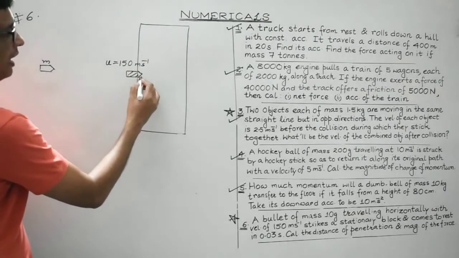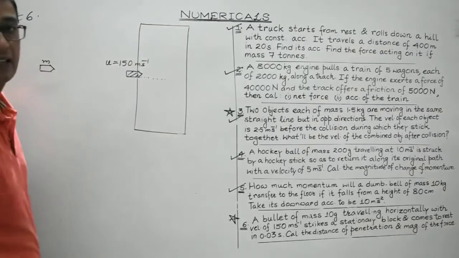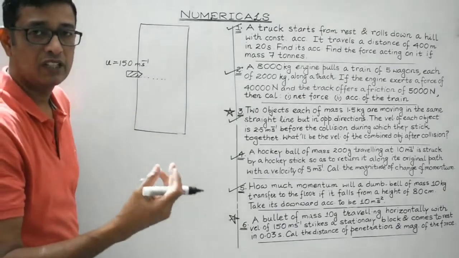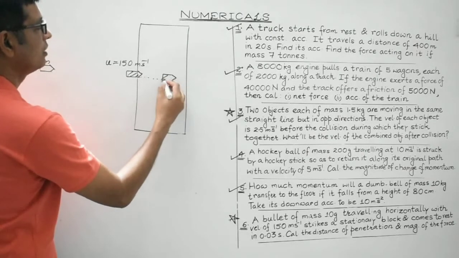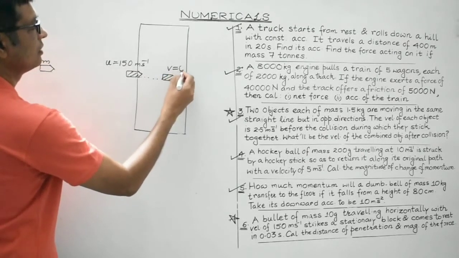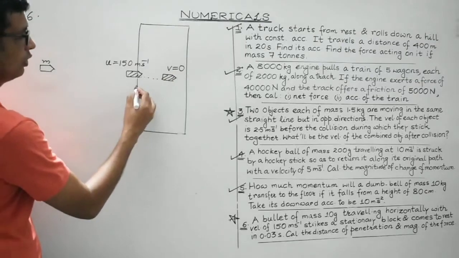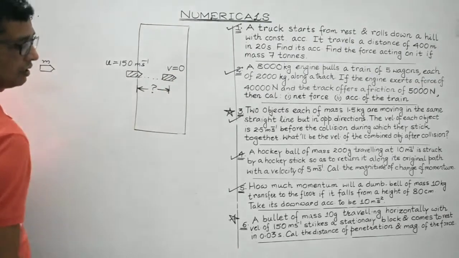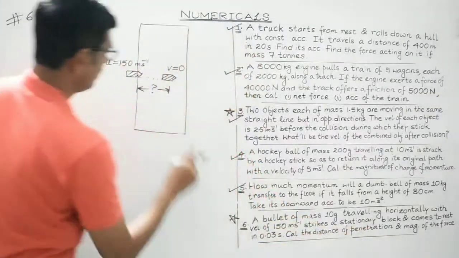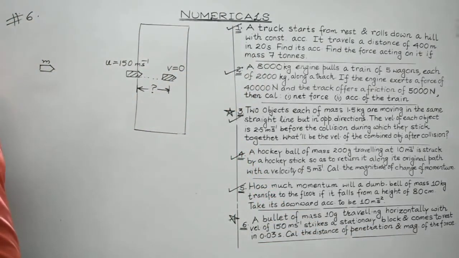Now look, as it penetrates inside the wooden plank, its velocity obviously will keep on decreasing and eventually suppose at this point it comes to rest, right? So we are supposed to find out this distance of penetration. Calculate the distance of penetration, right?